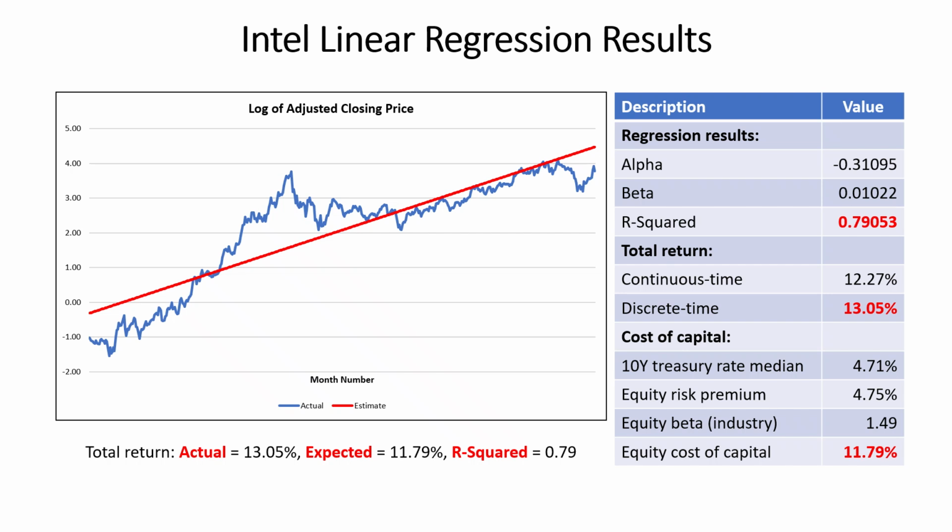So we can make the conclusion that, given that our regression total return of 13.05% is greater than our cost of capital, our investment in Intel has performed better than expected. So it could indicate that this would be a good investment, in that if I expect to earn X, Intel is going to actually return X or something very close to it.